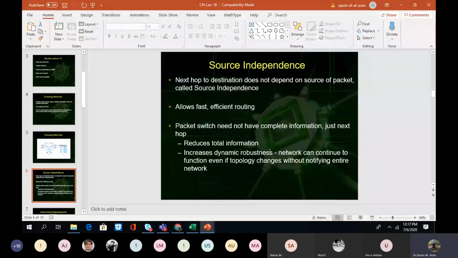Now see, I have given you the idea of source independence in the previous slide. Actually, जब आपका next hop to destination does not depend upon the source of the packet, this is what you can call source independence.